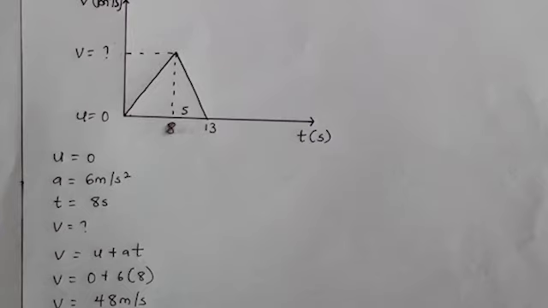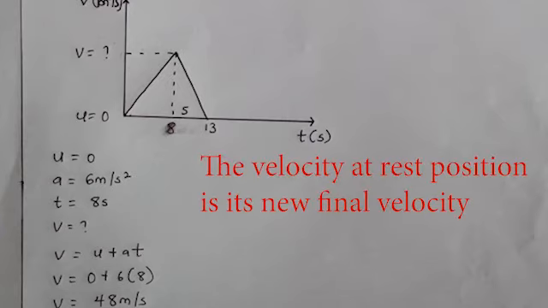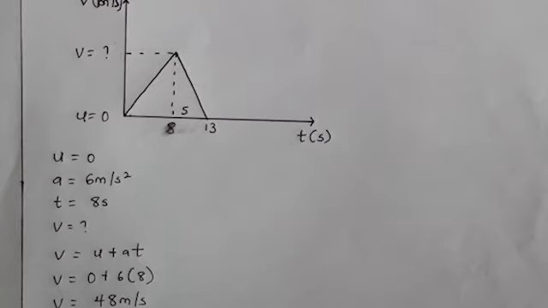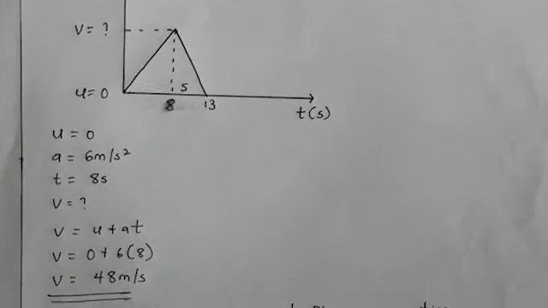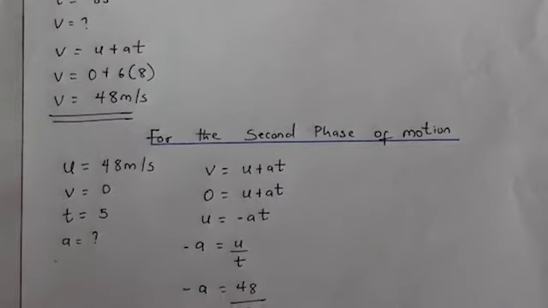So that 48 meters per second is the new initial velocity, and upon reaching the rest position, that is now its new final velocity. For the second phase of motion, the initial velocity is 48 meters per second, the final velocity is 0, and the time it takes to decelerate to rest is 5 seconds.